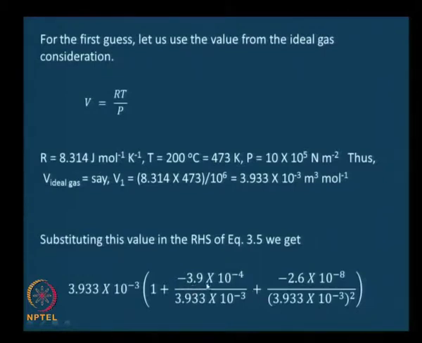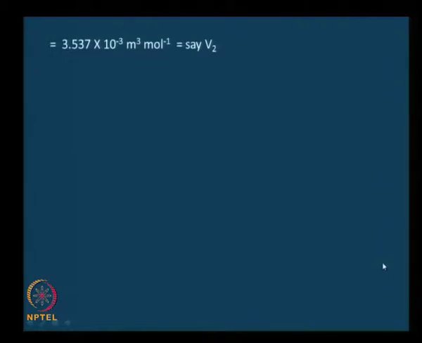C2 was minus 3.9 into 10 power minus 4, V is 3.933 into 10 power minus 3, C3 was minus 2.6 into 10 power minus 8, and V squared is this. So, if we substitute the values here, we end up with 3.573 into 10 power minus 3 meter cubed per mole.